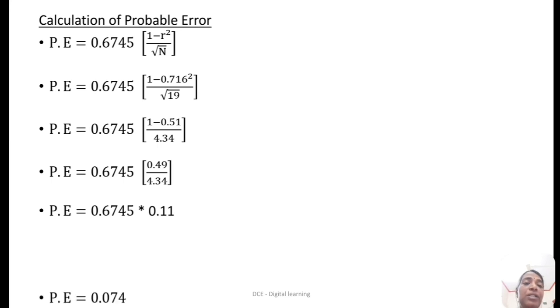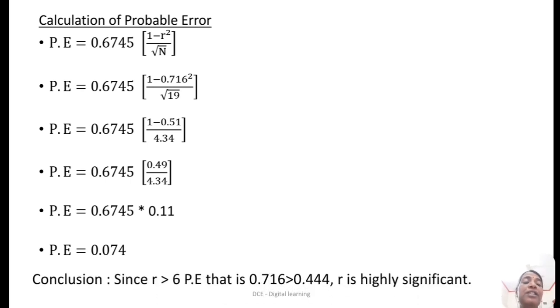Multiplying this, PE is equal to 0.074. Since R is greater than 6 times the probable error, that is, 0.716, that is R, is greater than 0.444.